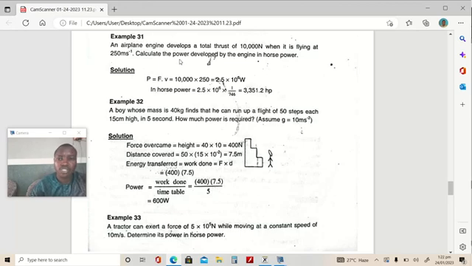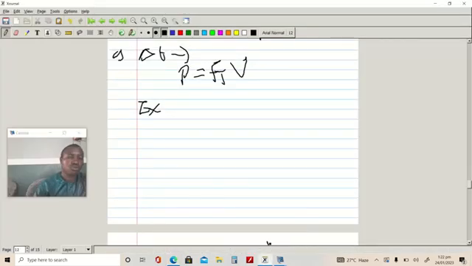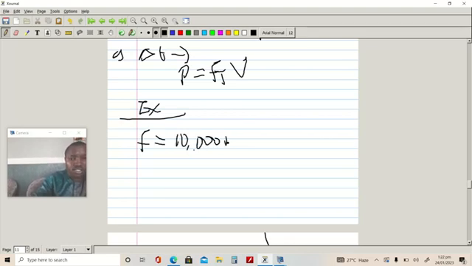Calculate the power developed by the engine in horsepower. I think the major work there is just the issue of the horsepower. So we are given F equal to 10,000 newtons, and velocity equal to 250 meters per second. The major thing we are asked to do is to find the power developed.